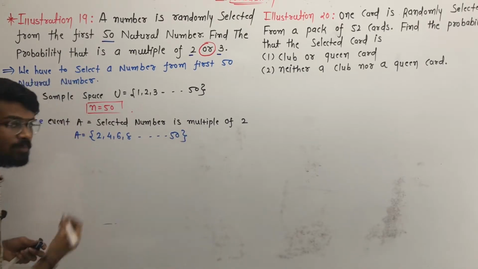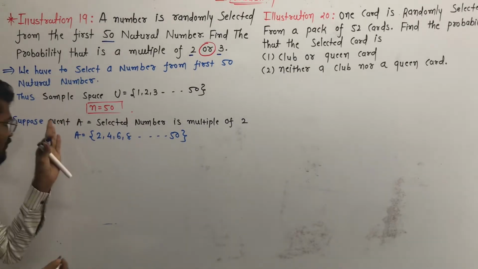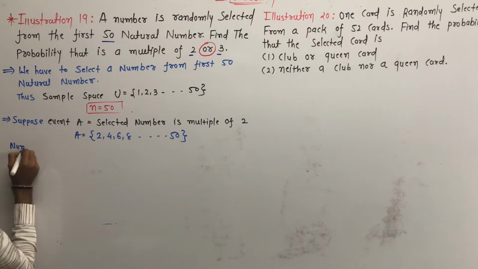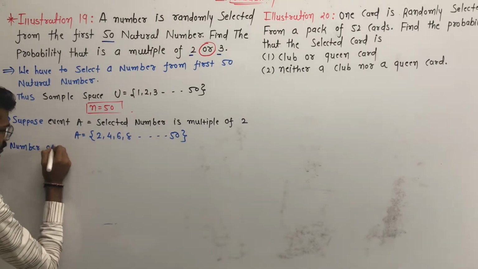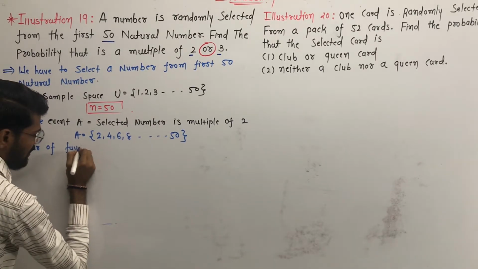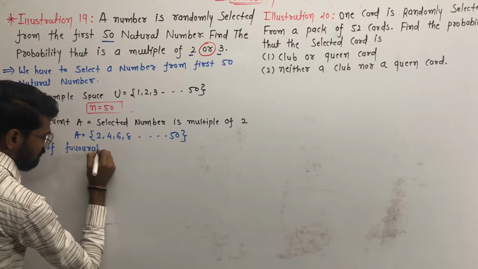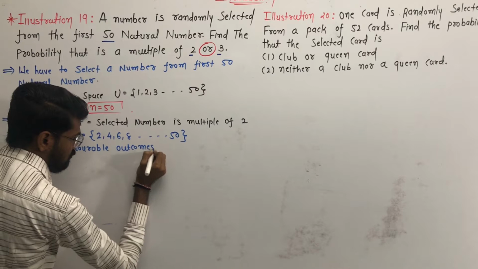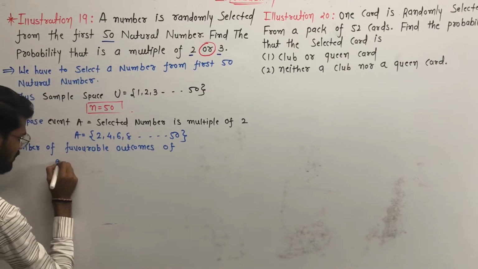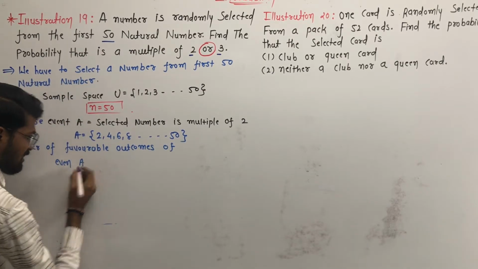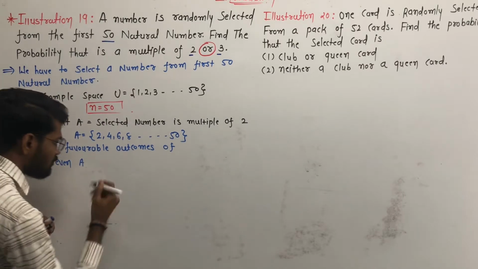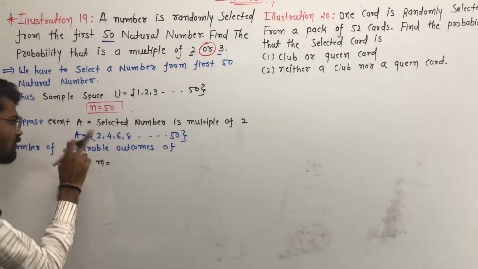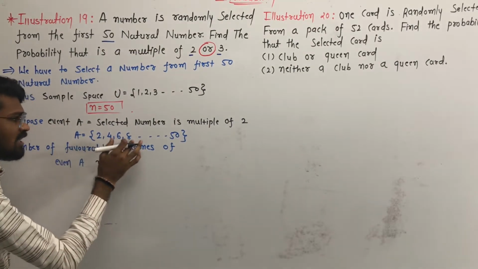How many are the favorable outcomes of event A? The number of favorable outcomes of event A is denoted by M. The elements of event A are 2, 4, 6, 8, ... 50.